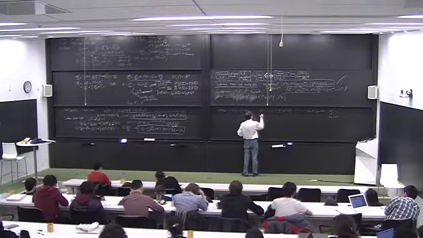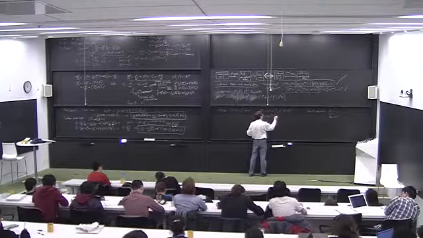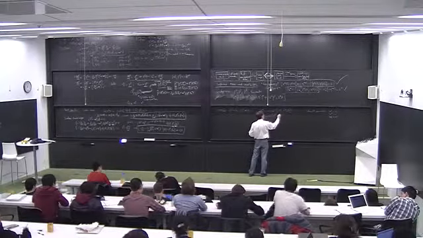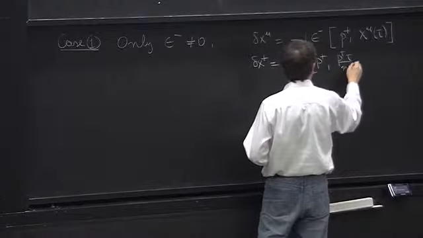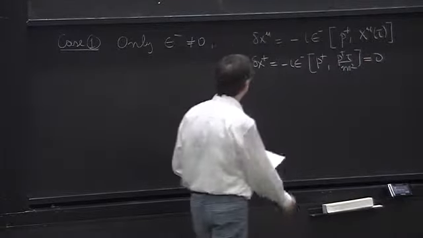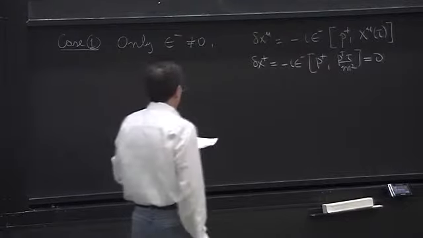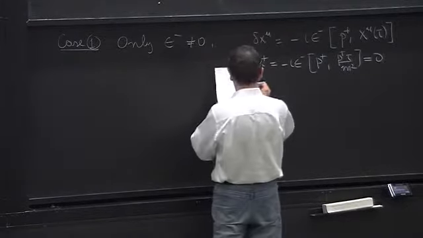Delta x plus would be minus i epsilon minus, p plus with x plus, which is p plus tau over m squared, and p plus with p plus is 0, so that's good. How about delta xi?